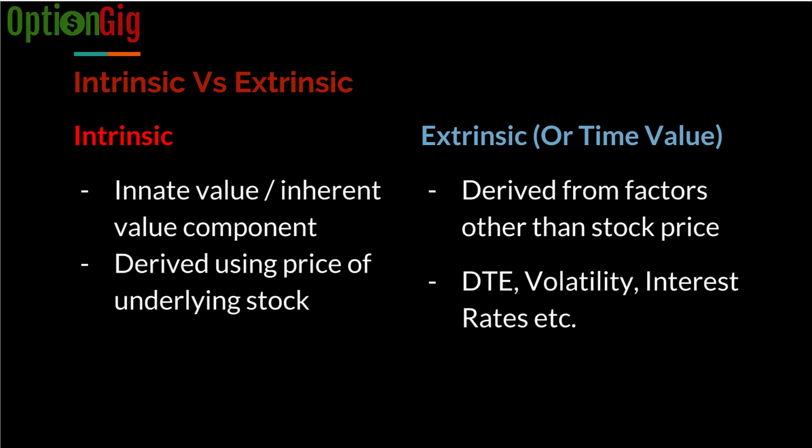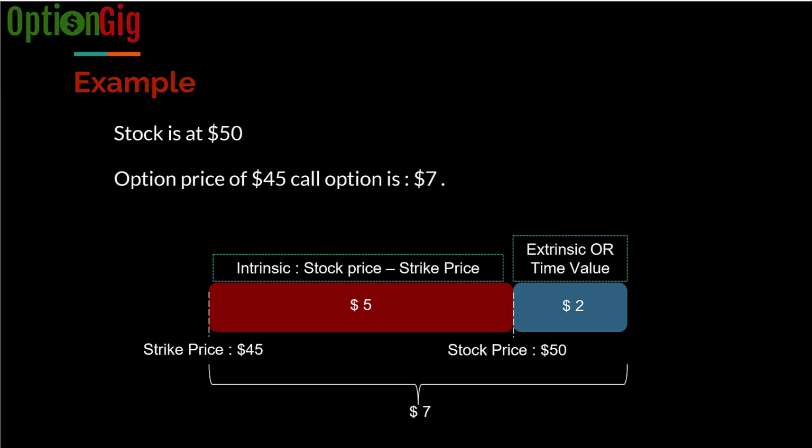Now let's take an example. Let's consider my favorite stock XYZ, and the stock is currently trading at $50. Say you want to look at a call option contract with a strike price of 45.